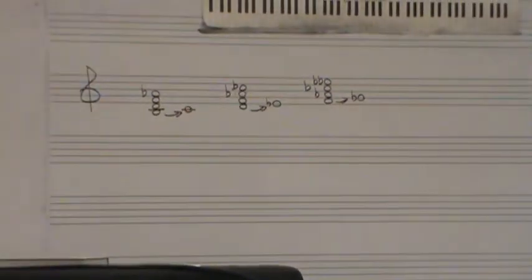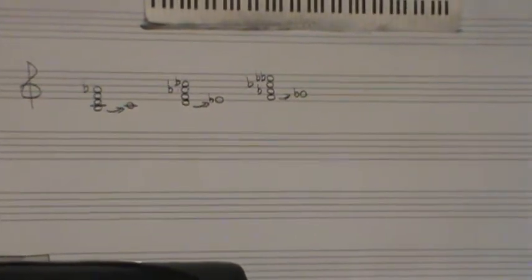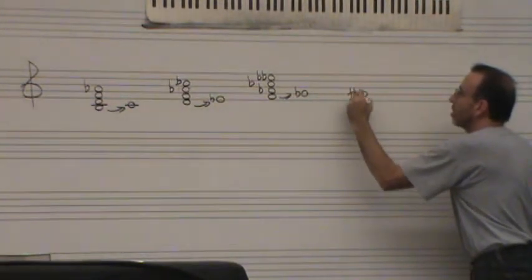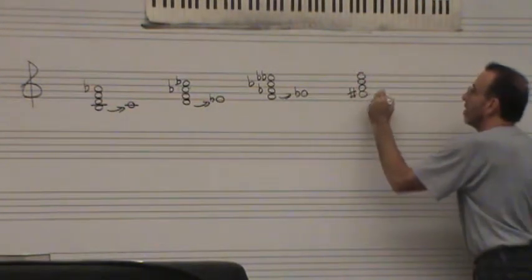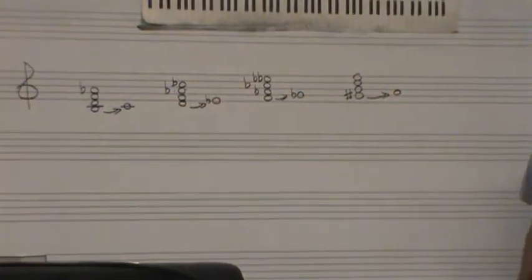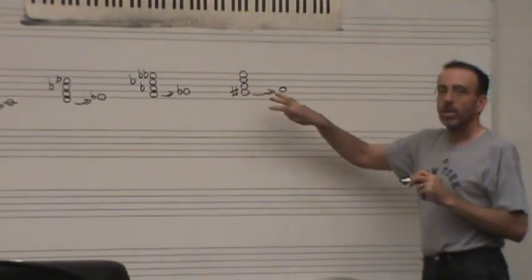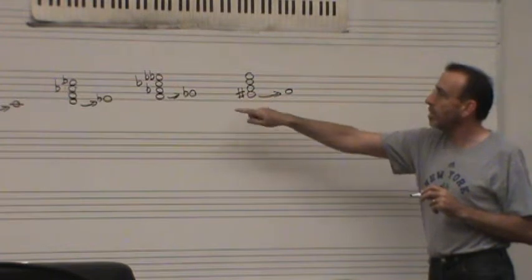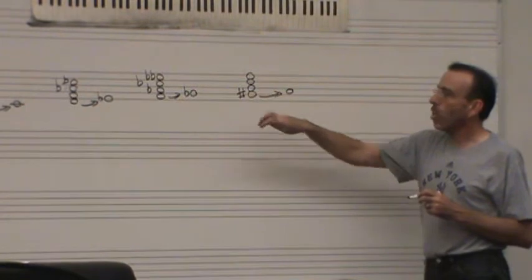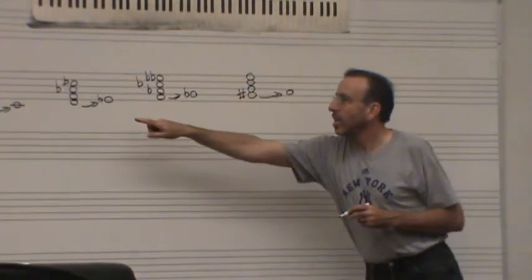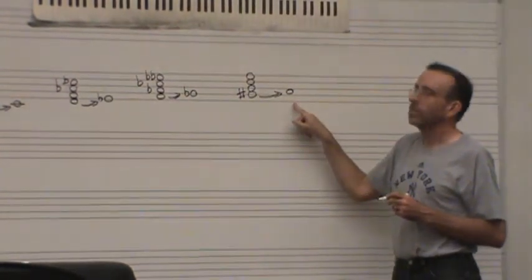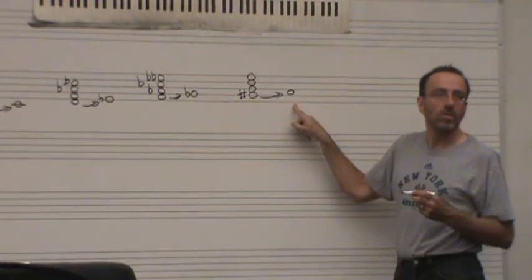And since I don't want to do something really ridiculous like do A flat leading to B double flat, I'll respell the A flat as G sharp, and then that will become a leading tone to A. It's all the same chord. I'm just moving the bottom note to the top, and then the next note becomes leading tone to the next note. So this one chord could take you to C minor or C major, it could take you to E flat, it could take you to G flat, or it could take you to A. All these different places, just by respelling it.